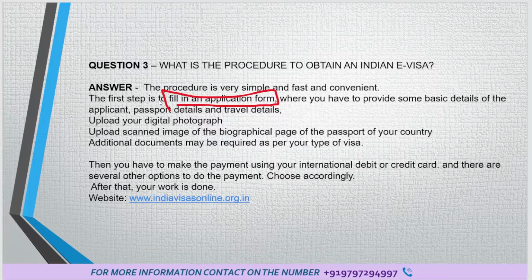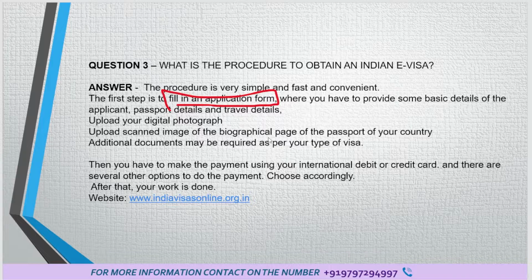Okay, so this question is like, what is the procedure to obtain an Indian e-visa? So the procedure is very simple, fast and convenient, obviously, because it is certainly different from the traditional Indian visa. How is it fast and how is it simple? It is simple because you just have to fill in an application form.